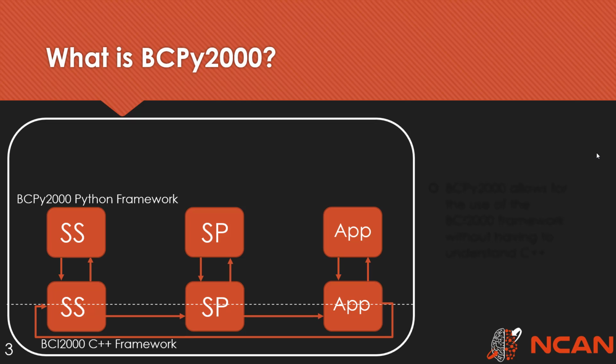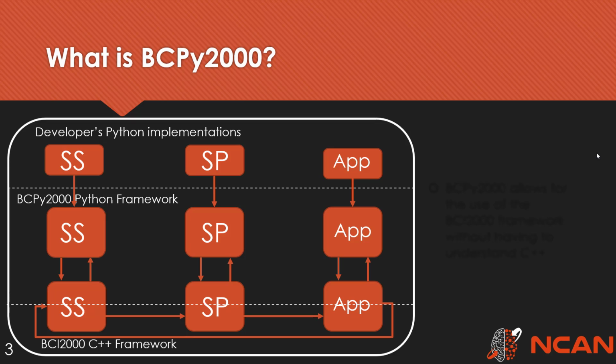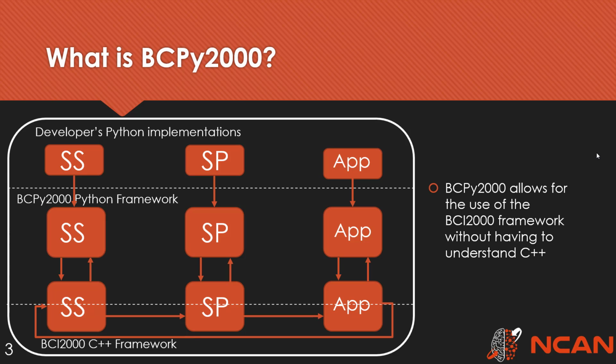This is where we tell Python how to interact with the different protocols that C++ BCPy2000 establishes. And on top of all of that are our developers' Python implementations, which basically allow us to use the BCPy2000 framework without having to understand C++.